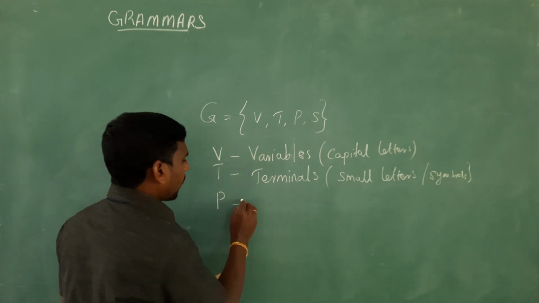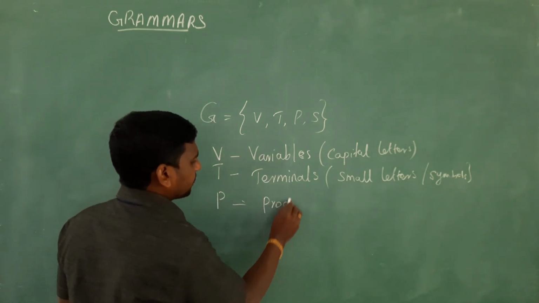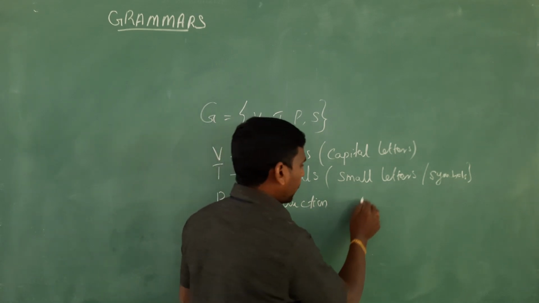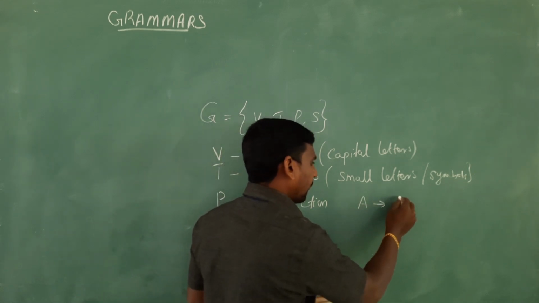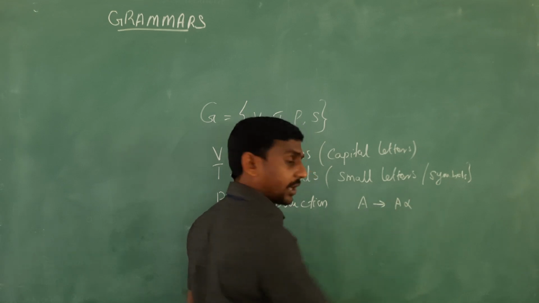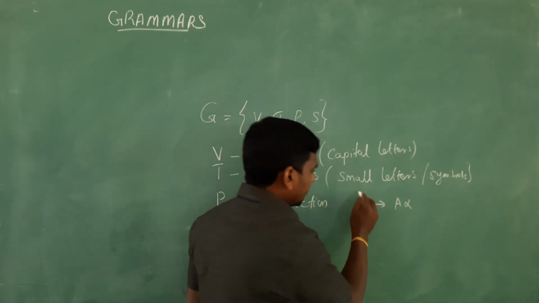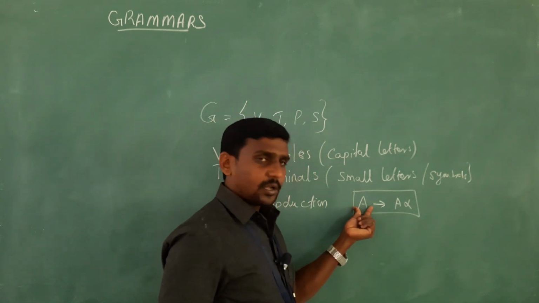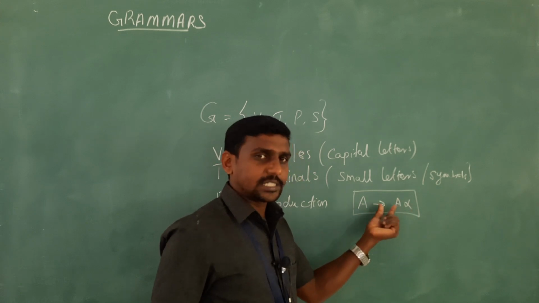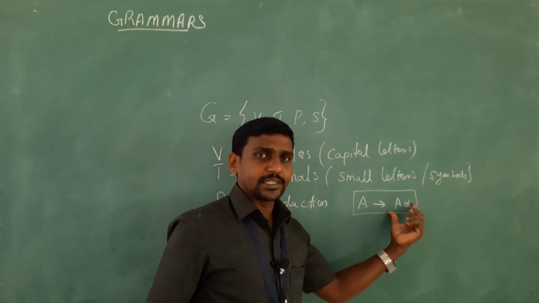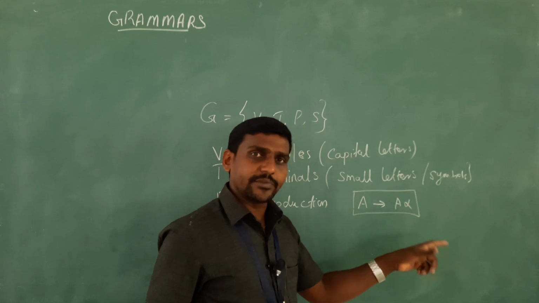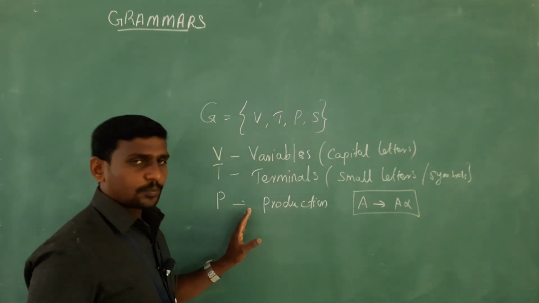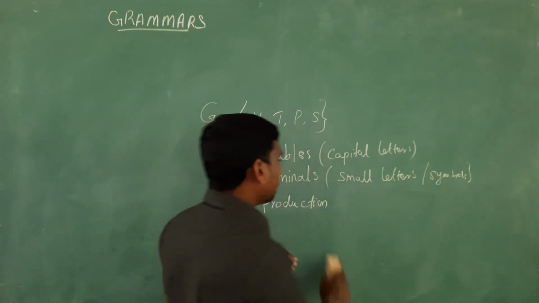And P is a production. Production is in the form of one variable that tends to variables or terminals. This is the production format. A production should have one variable that gives some other string, which may be a variable or a combination of variables and terminals. That is called a production. I will give you one small example, then you may understand.